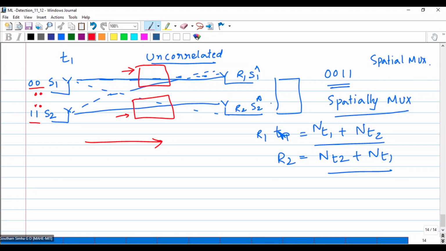Now, is it possible for me to beamform over here? It is possible, because you can rotate the antenna in such a way that the major lobe characteristics of the antenna can be tuned so that receiver 1 is properly receiving the symbol from transmitter antenna 1. That is one way of looking at the situation.